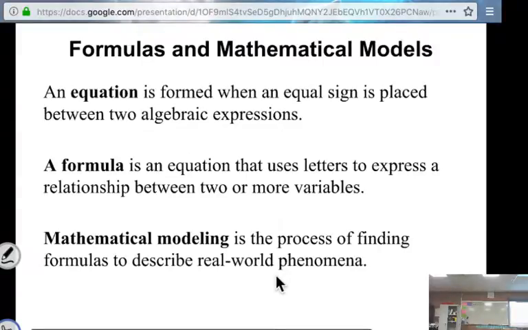All right. An equation is formed when an equal sign is placed between two algebraic expressions. And if you recall from chapter 3, we did logic. An equation is a statement that is either true or false, but not both simultaneously.